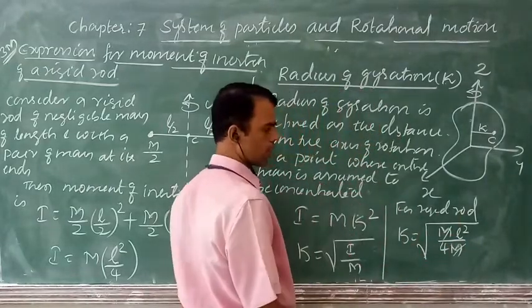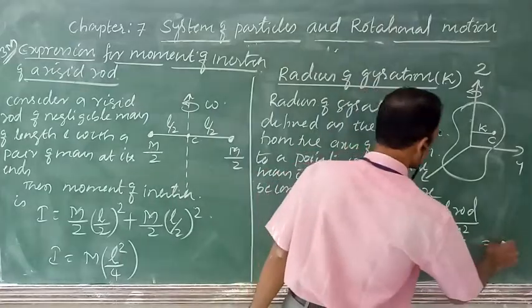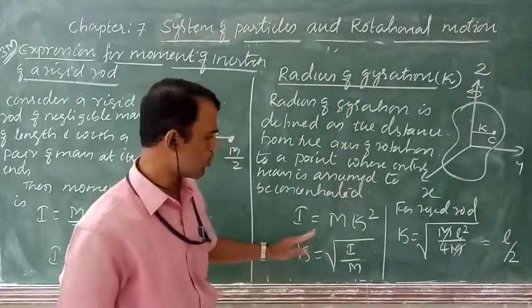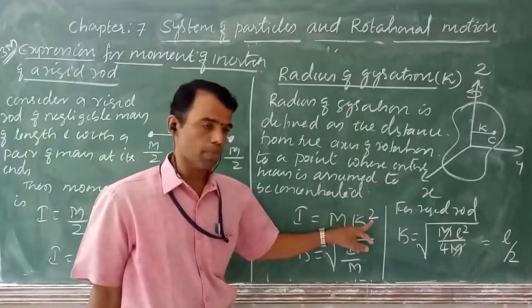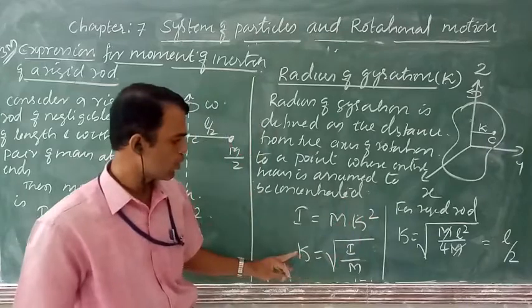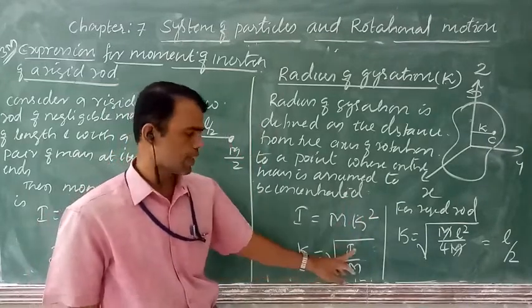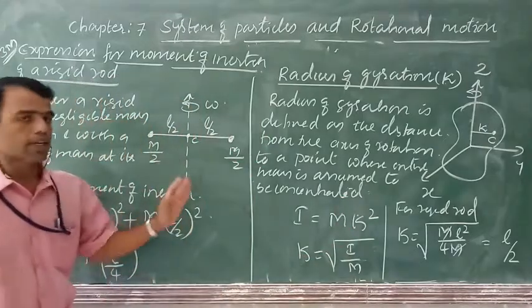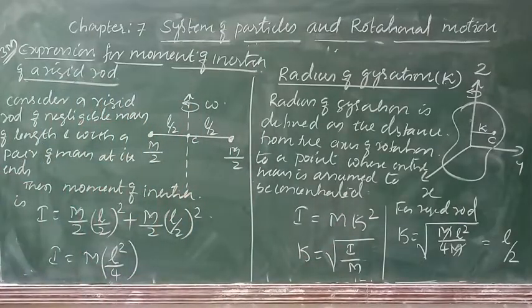Root of L square divided by 4 is simply L by 2. Thus, if you know the moment of inertia, you can estimate the radius of gyration, or in other words, if you know the radius of gyration, you can estimate the moment of inertia. So this is about the radius of gyration.